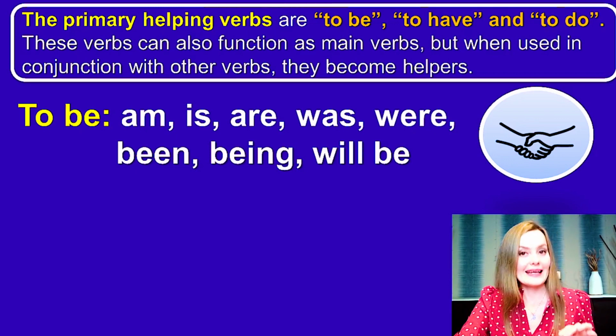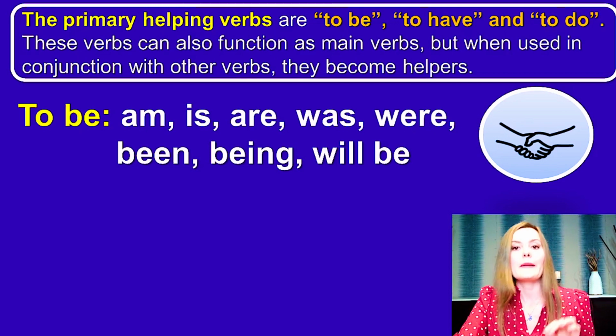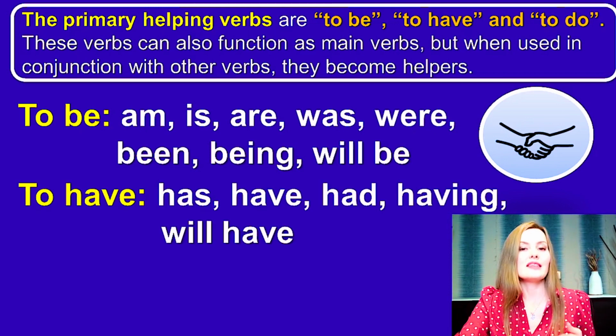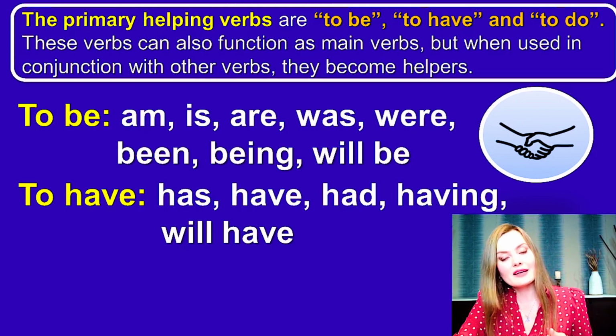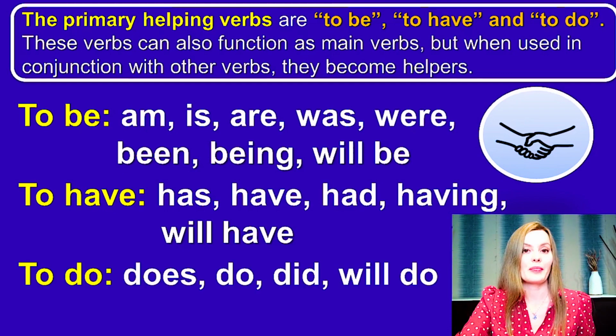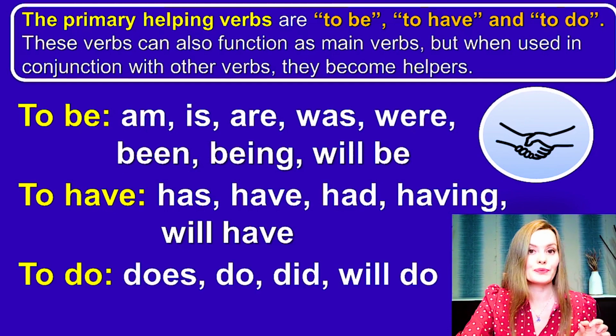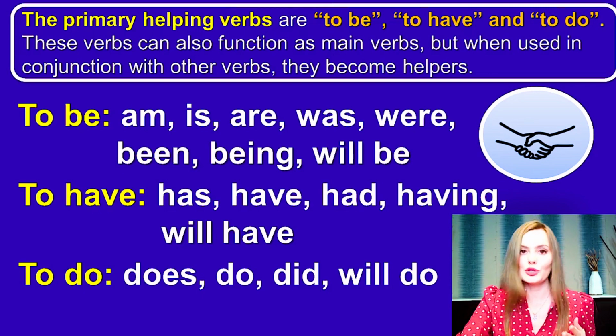Am, is, are, was, were, been, being, will be. These are the forms of the verb to have. Has, have, had, having, will have. And these are the forms of the helping verb to do. Does, do, did, will do.